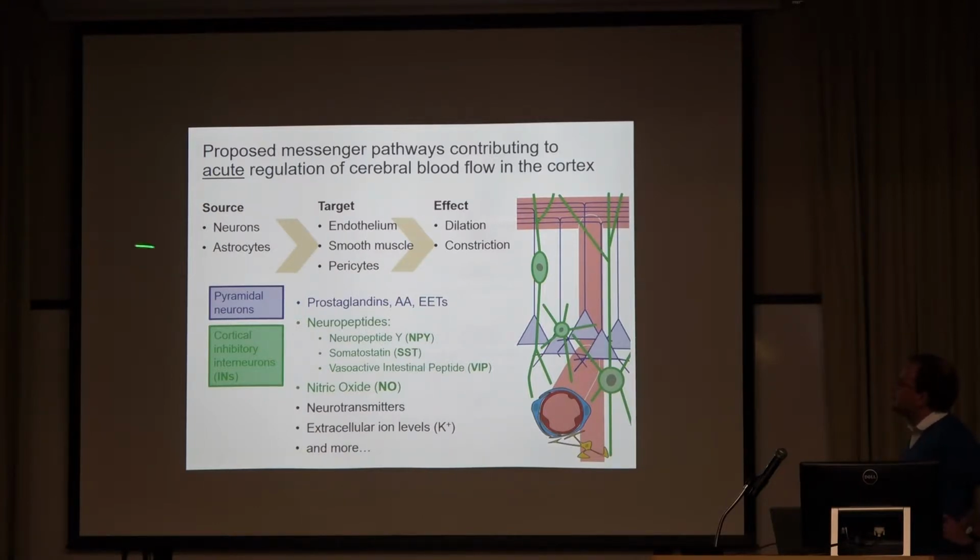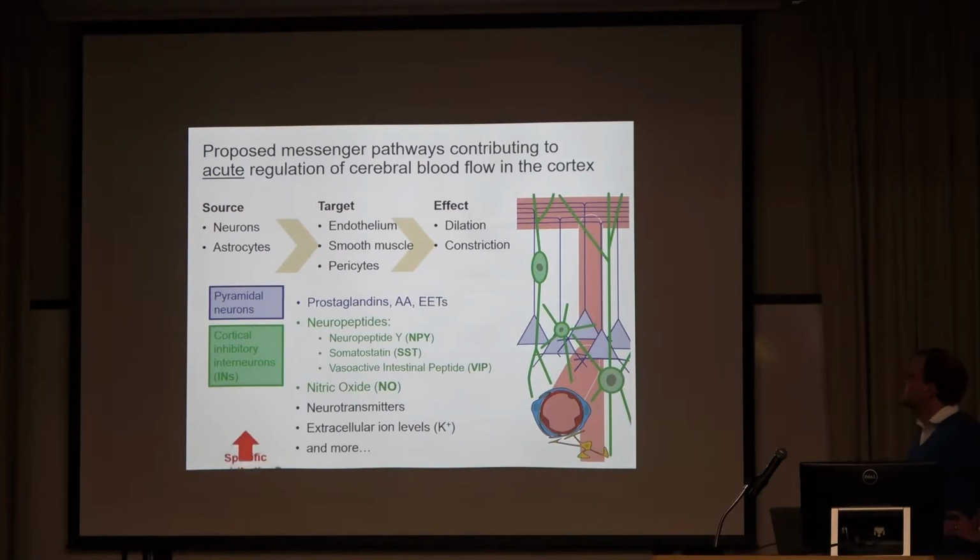And studies identified that pyramidal neurons in the cortex release prostaglandins and related molecules, and cortical inhibitory interneurons, or short INs, release, for example, neuropeptides like neuropeptide Y, somatostatin, vasoactive intestinal peptide, as well as nitric oxide. And it has also been proposed that neurotransmitters themselves may have a fast effect on the vasculature, as well as extracellular ion levels.